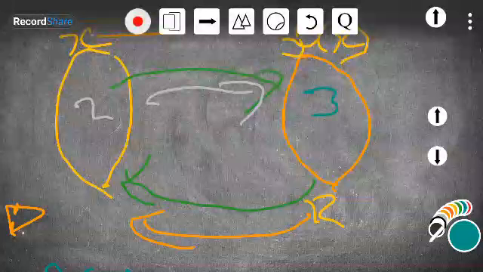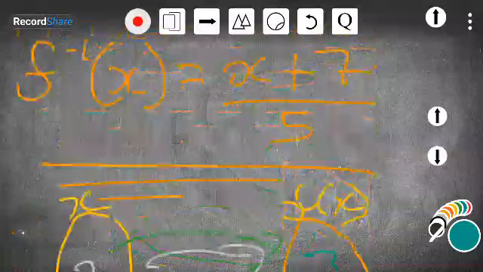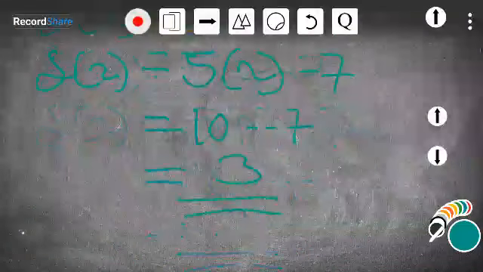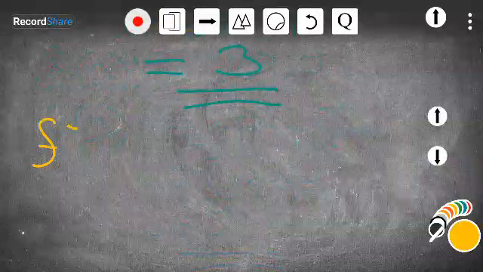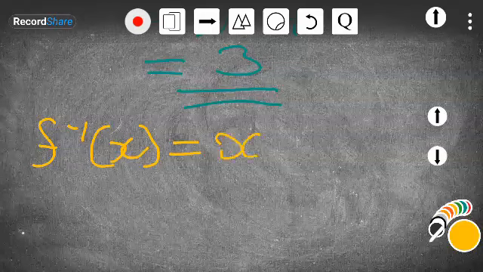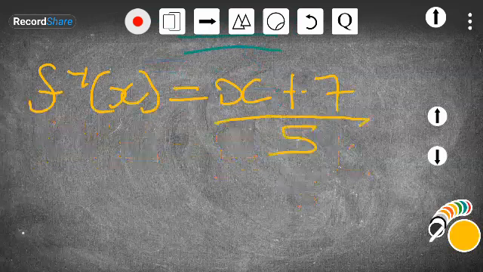So let's get our answer from the inverse function, which we said the inverse function of x is equal to x plus 7 over 5, and where there is x, we replace with 3.